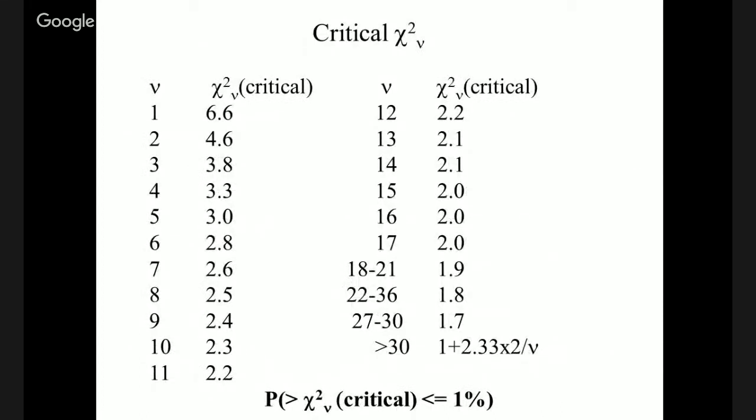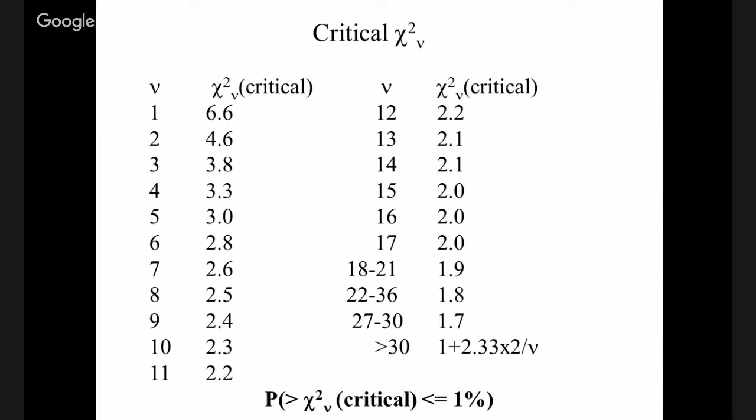Now, we used to say that if the data are discrepant, chi-square is greater than 1. Well, that depends on the number of degrees of freedom. This is n minus 1. So if you have 10, if you have a 2.3, it's fine. If your chi-square is not greater than the critical chi-square for that data set, then you're fine.